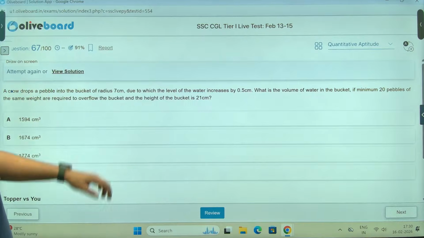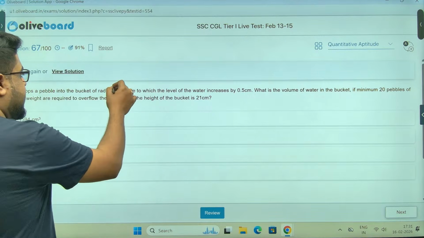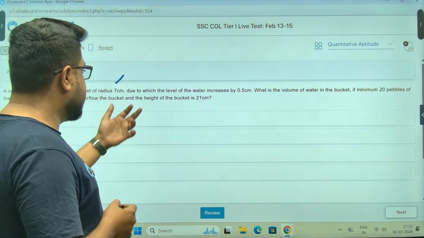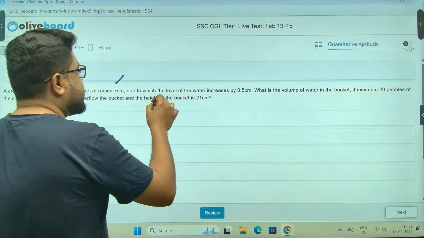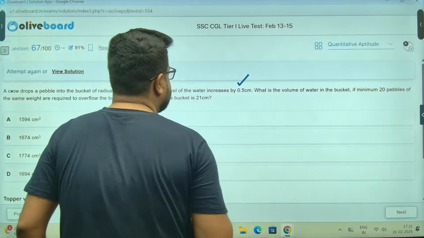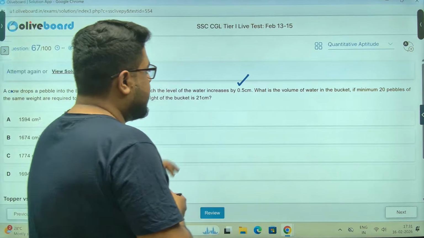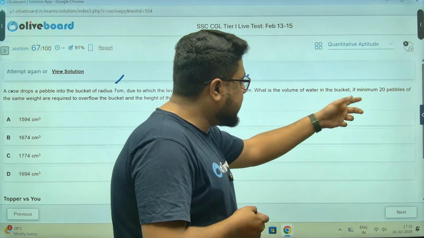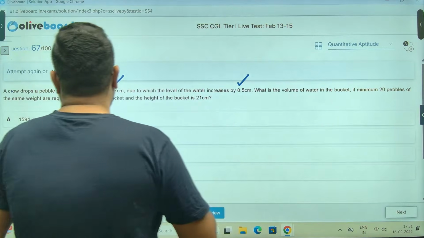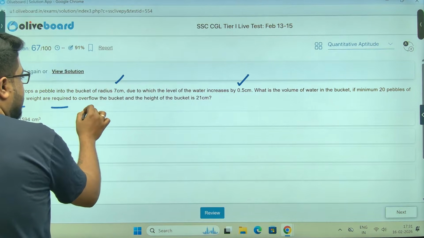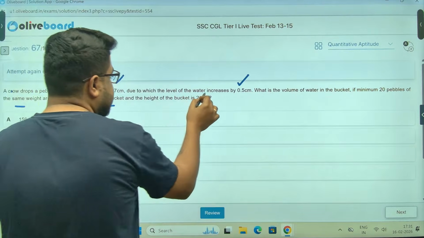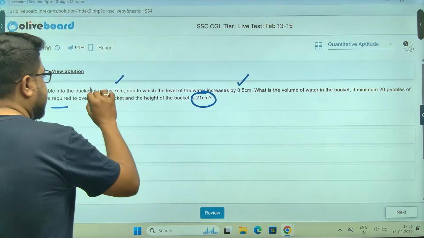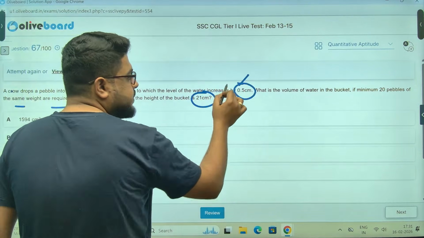A crow drops a pebble into a bucket of radius 7. Acha. Due to which the level rises by this much. What is the volume of water in the bucket if a minimum of 20 pebbles of the same weight are required to overflow the bucket, and the height is this? Okay. Each pebble increases the height by this much.